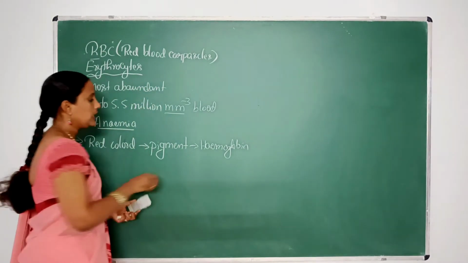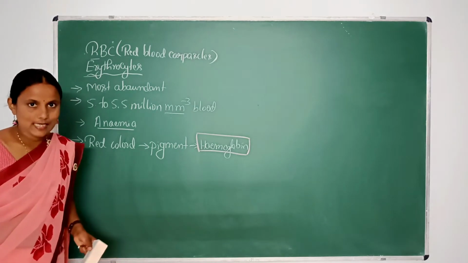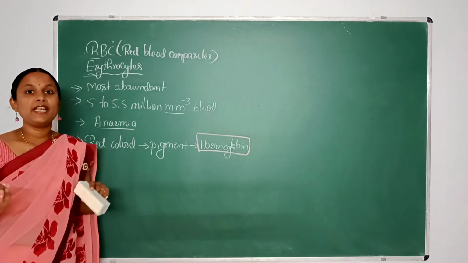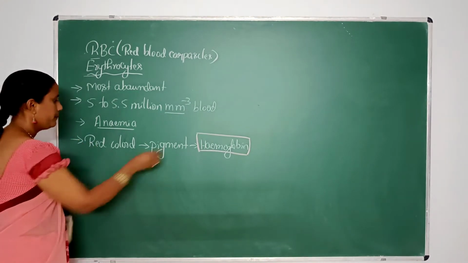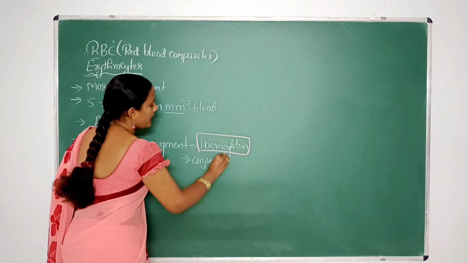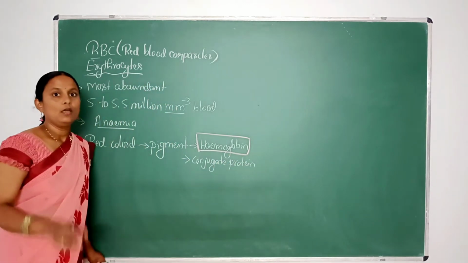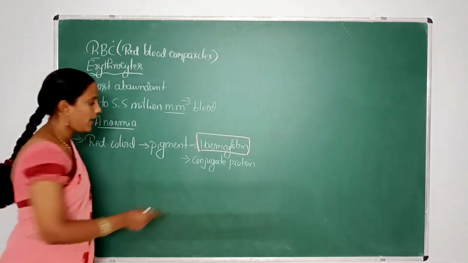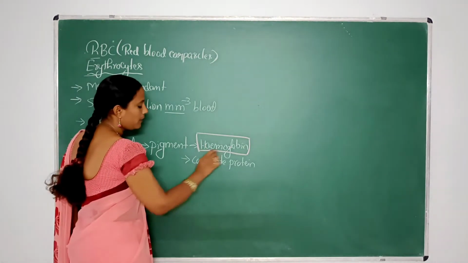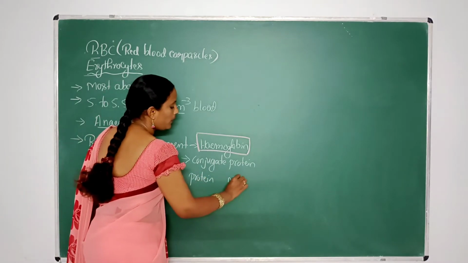Hemoglobin is the red colored pigment responsible for the red color of RBCs, and it is actually a conjugate protein, made up of a protein part and a non-protein part. That's why we use the term conjugate.